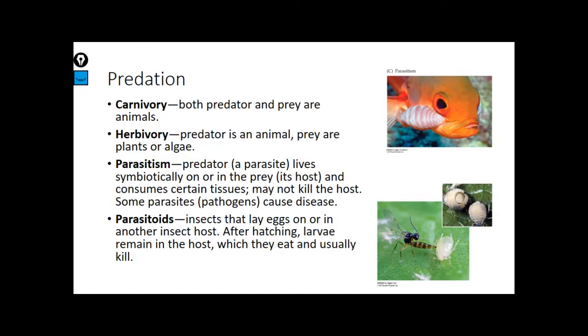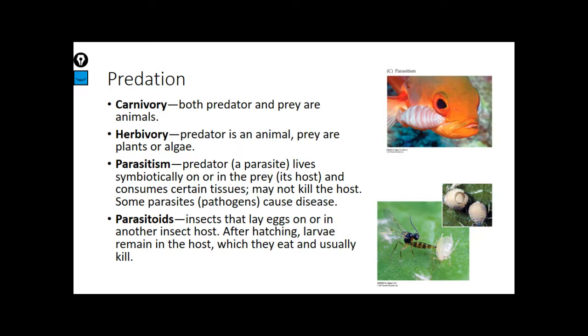So here are all of the different terms that can fall under this umbrella. Okay. The first two are the most straightforward. Okay, carnivory and herbivory. Okay, so really the only difference there is carnivory is the kind of the classic form of predation, okay, because both the predator and prey are animals.